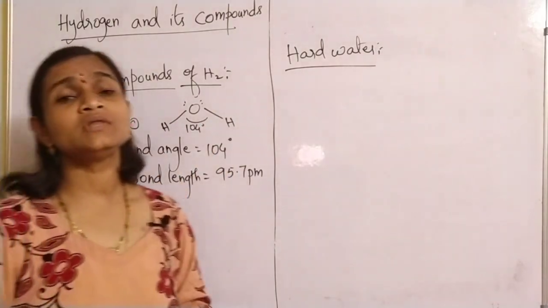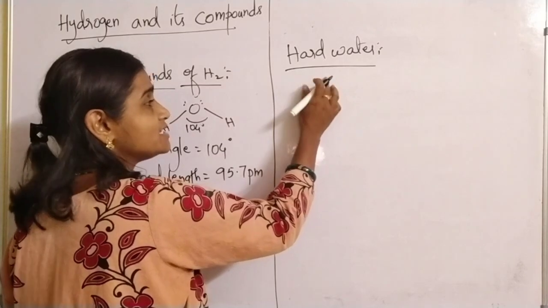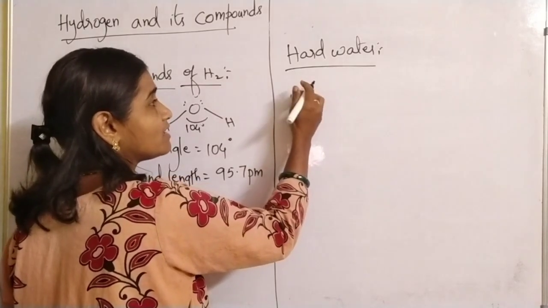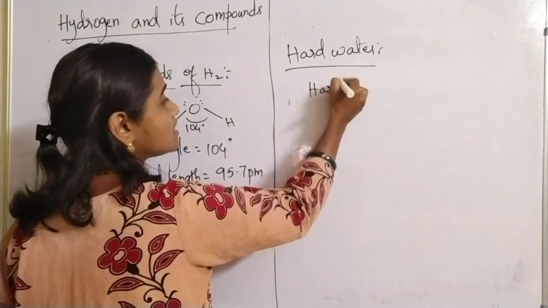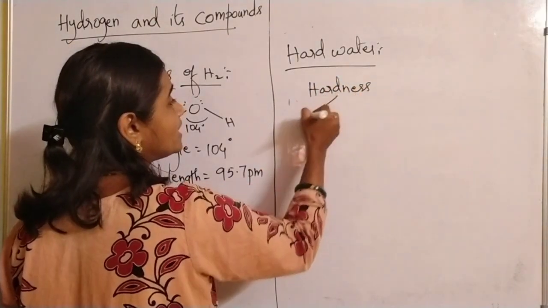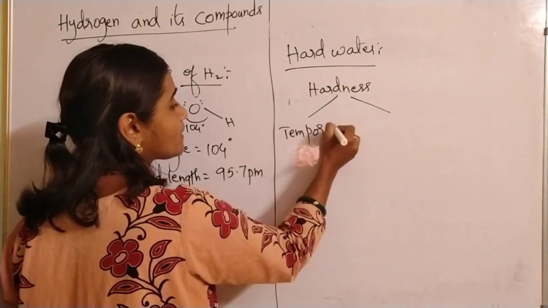Now, to remove this hardness of water: hardness can be of two types, temporary hardness and permanent hardness.